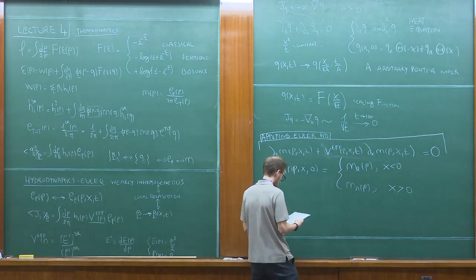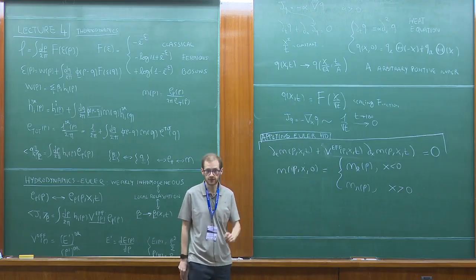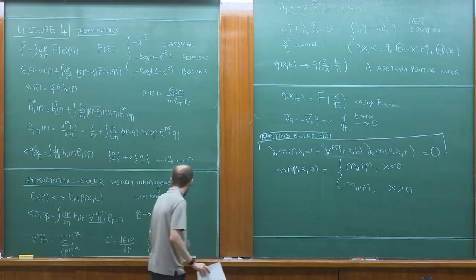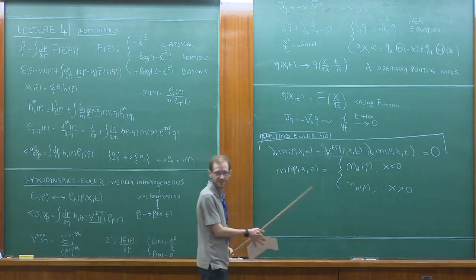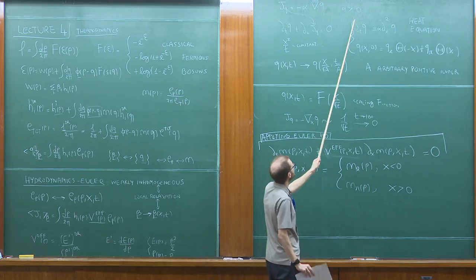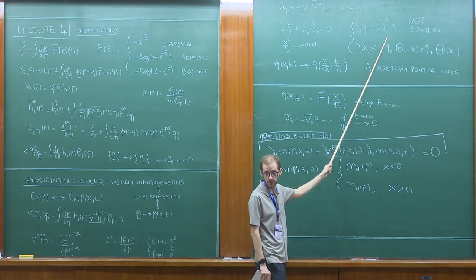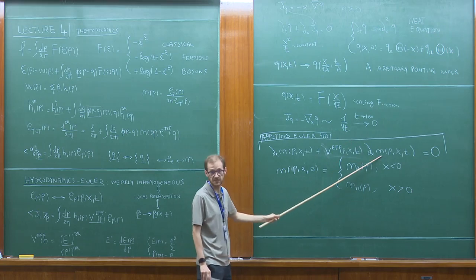Now, notice an important difference which immediately comes up. The diffusion equation here, you have first order in time and second order in space, okay? Here you have instead first order in time and first order in space as well.